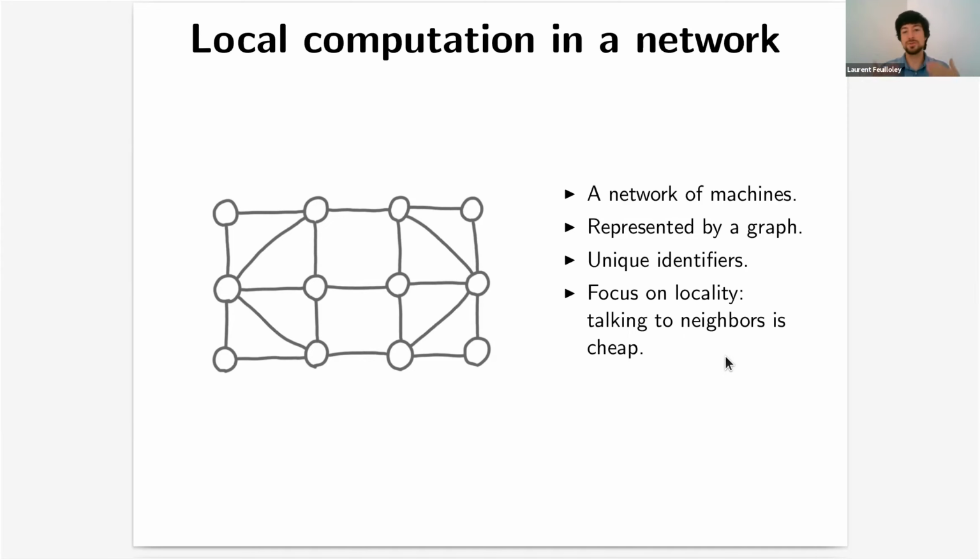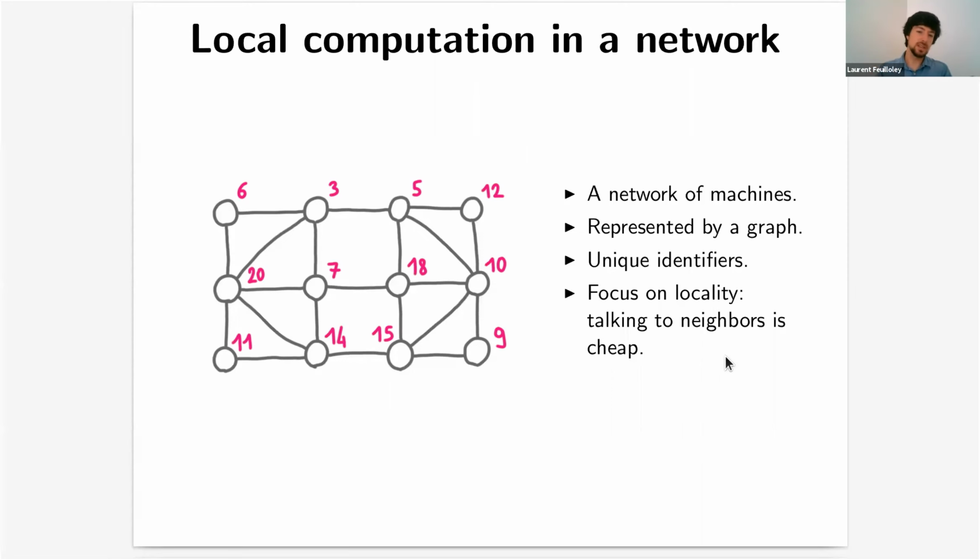So you will have just vertices that are the machines, and then the edges that are these communication channels. Okay. And one more thing in the model is that there are unique identifiers. So just like in the internet, every computer has an IP address. Here, every node will come with a unique ID, which is, well, its name, it's unique to it. Okay. And that's all I want to say about the model.